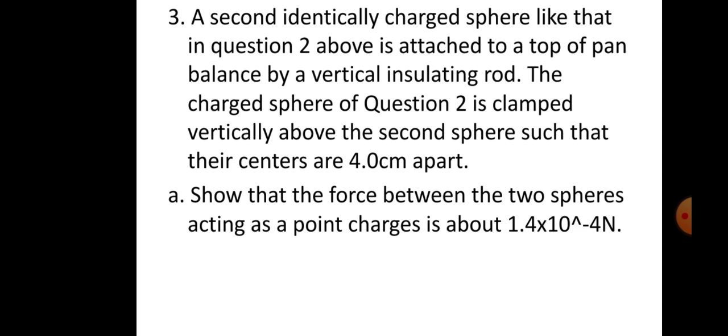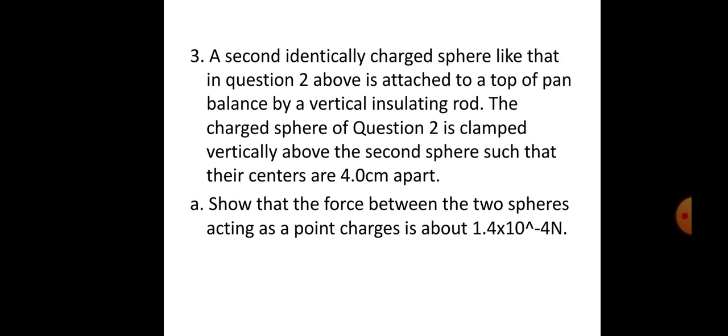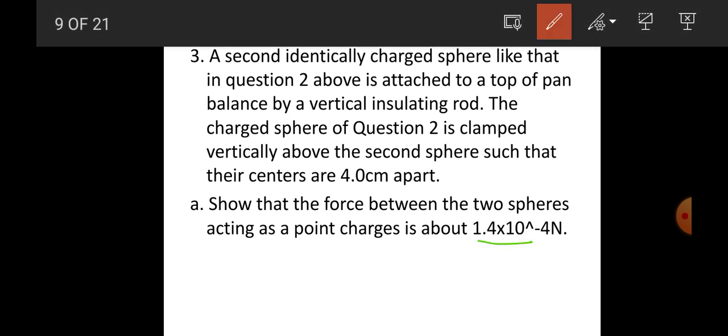Show that the force between the two spheres acting as point charges is about 1.4 times 10 to the power of minus 4 newton. Check that the force is this value; 1.4 times 10 to the power of minus 4 newton is the already calculated force.